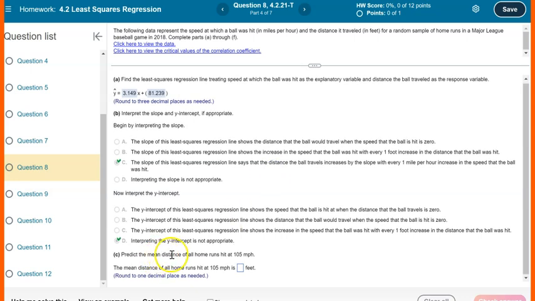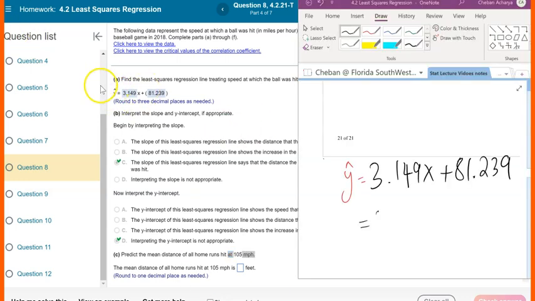Okay, predict the mean distance of all home runs hit at 105 miles per hour. This 105 miles per hour is the speed, and you have to predict the distance. In other words, you are looking for the predicted value for this speed, and what you're going to do is put this 105 into the equation of the regression line to find the y hat. Let's do that. This is the equation here. Y hat equals 3.149 x plus 81.239.